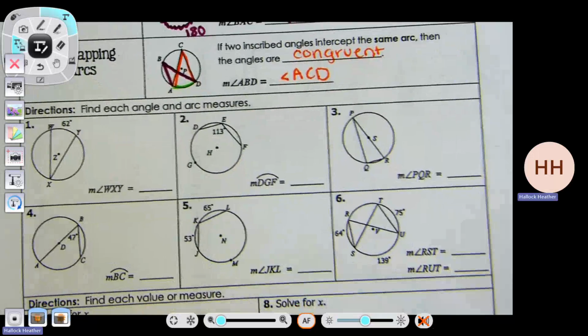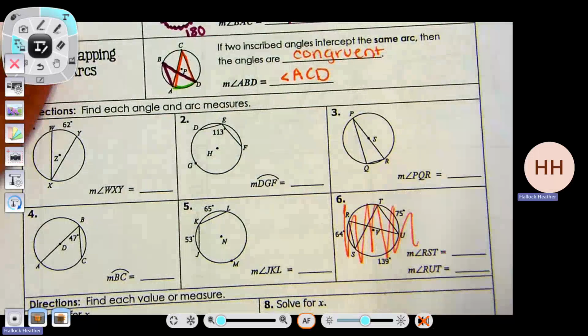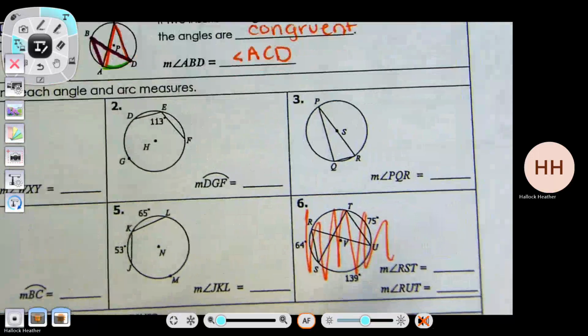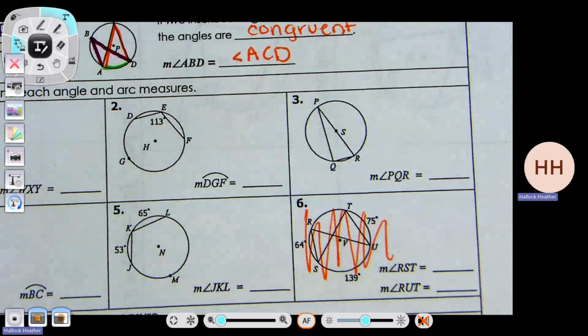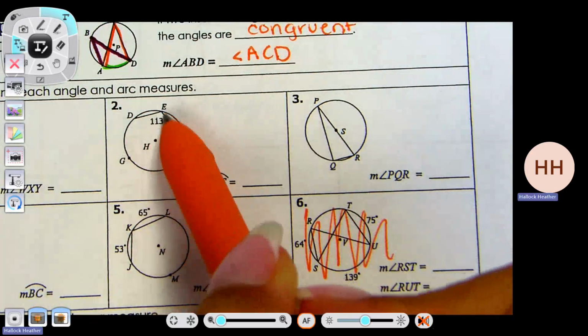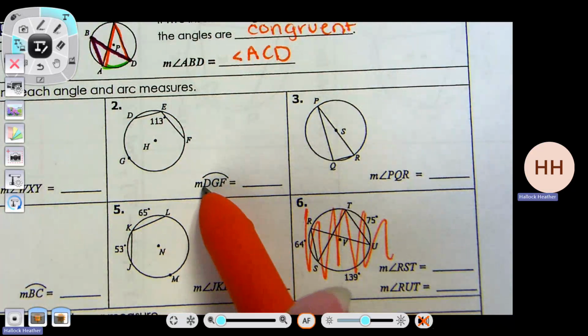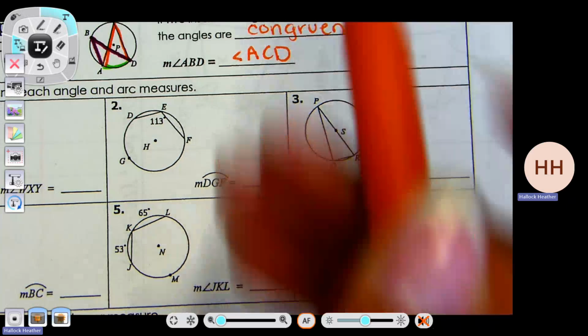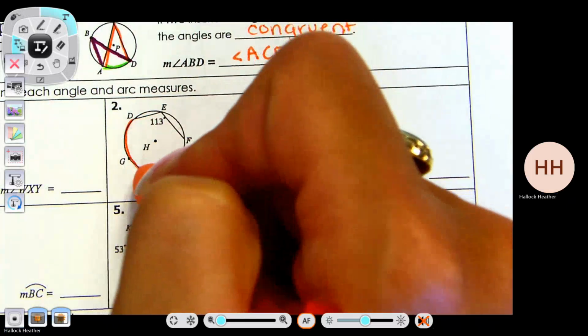So we're going to skip 6, so you can cross that one out automatically. Let's go to 2. So for 2, I'm given 113 is the angle. I need to find arc DGF.